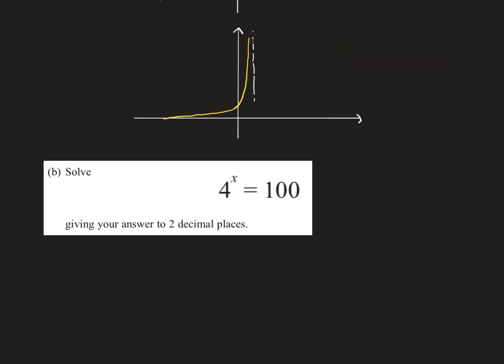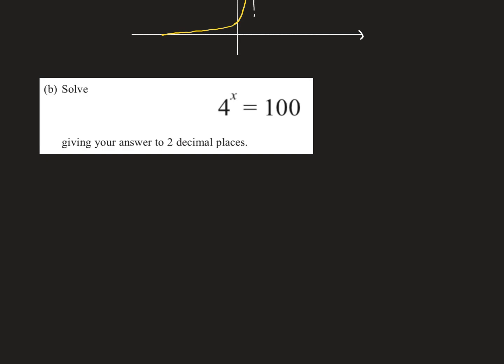And the last 2 marks involve solving 4 to the power of x equals 100, giving it to 2 decimal places. So you need to show the method and the actual answer. The method I'll use is to solve the equation using log any base. So we have log 4 to the x is equal to log 100.